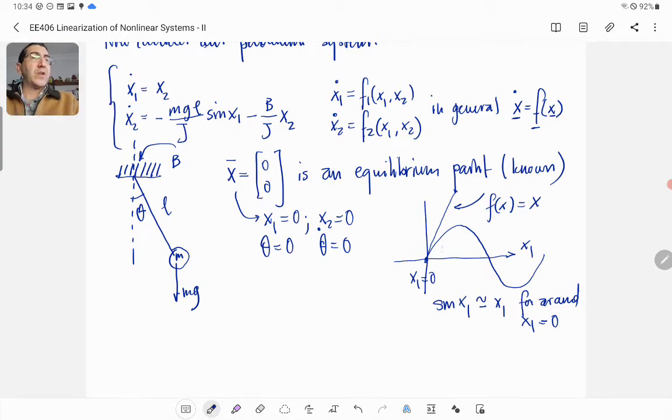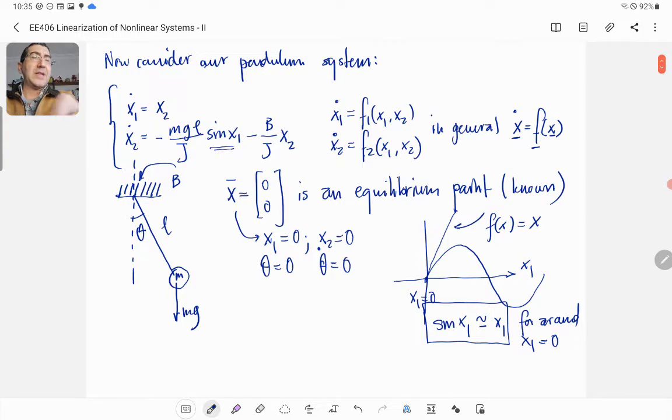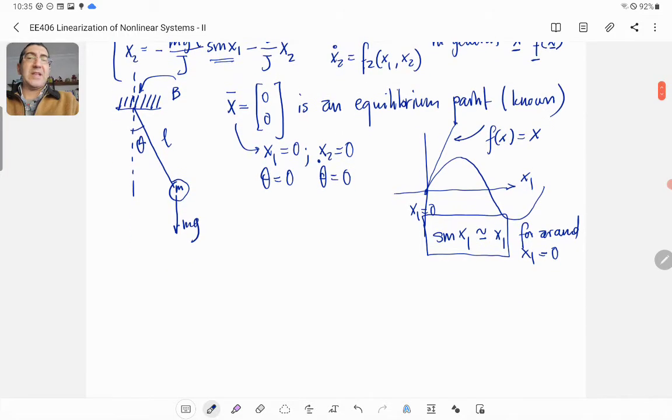So the angle over here is 45 degrees at the start of this function. Okay, so for small x1, we can use this approximation. And since this is the only nonlinear function in our expression, this basically approximates this function with a linear approximation.